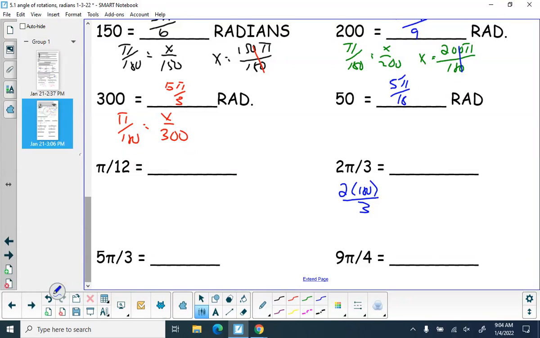Or you can think of it a different way. I can do my division first, 180 divided by 3, which is 60, and then multiply that by 2. You can do the mental math a little bit more, and numbers get a little bit smaller. Go ahead and do the rest of them.